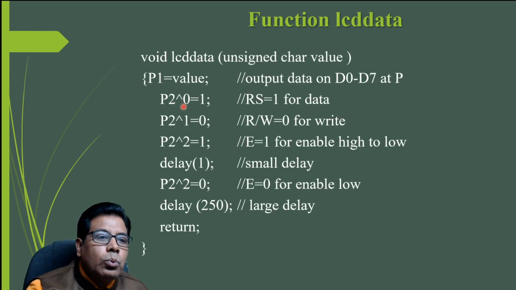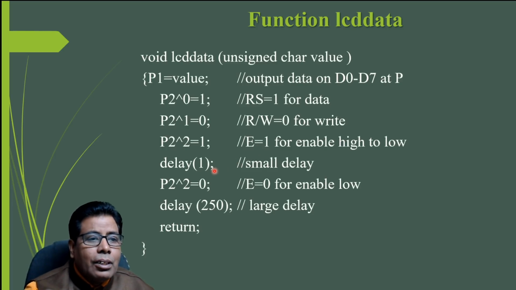Then port 2.0 will have to be made 1, because for data RS has to be 1. Then RW has to be 0 for the write operation. So we'll make pin 2.1 zero. Then pin 2.2, that is for the enable. We'll make it high, that is equal to 1, for the enable high to low pulse.